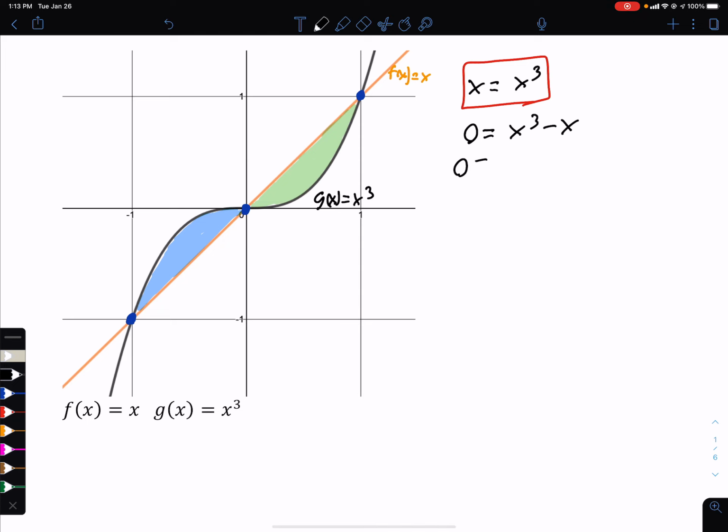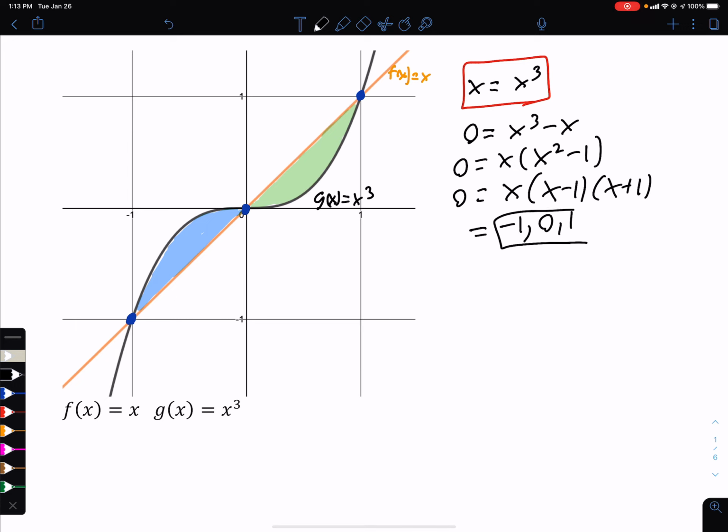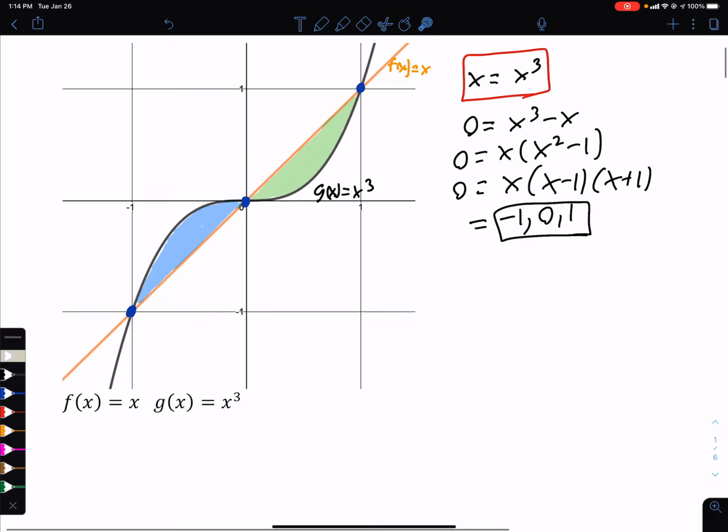And now you factor, you take out the common factor of x, and x squared minus 1 becomes x minus 1, x plus 1. You set that equal to 0, you get negative 1, 0, and 1. And so now we have found the three intersection points, negative 1, 0, and 1. So that's the first part.